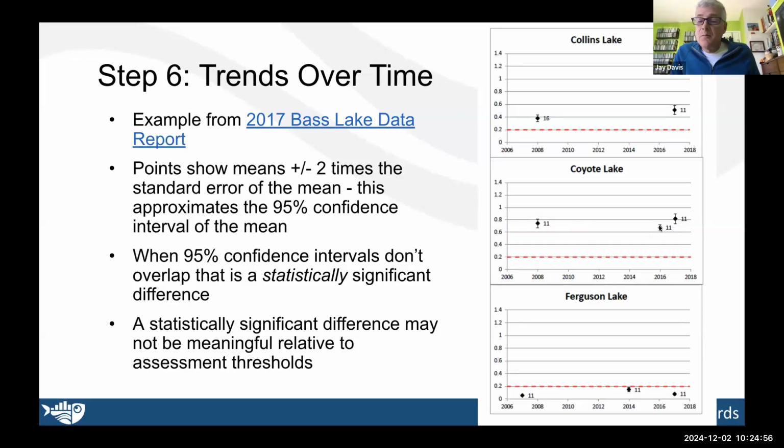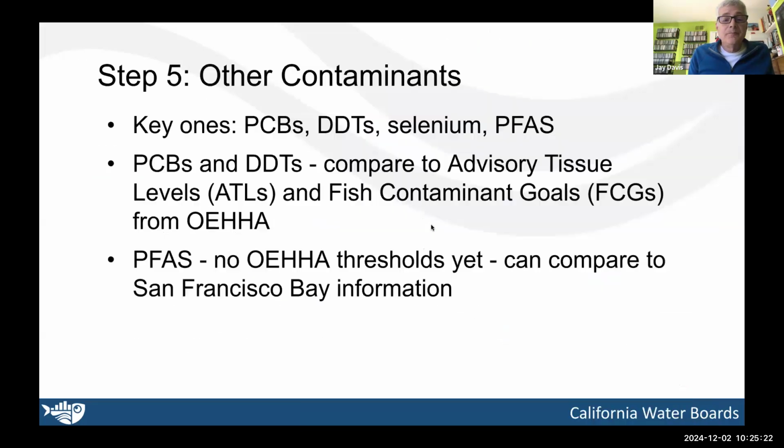It's not strongly significant because the confidence intervals almost overlap, but there was a difference from 2016 to 17. But neither of them were very different from 2008 because the confidence intervals overlap. So long term, we're not seeing much of a trend over time here, and you can use this confidence interval approach to get at that information.